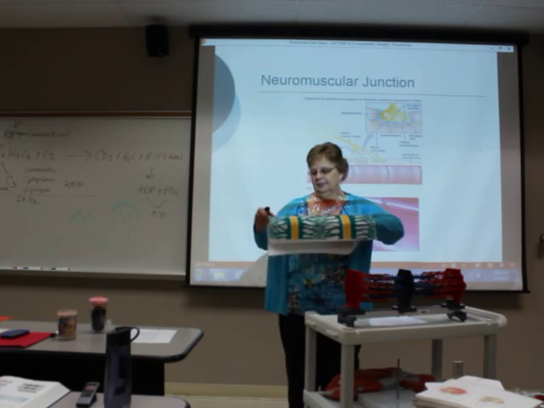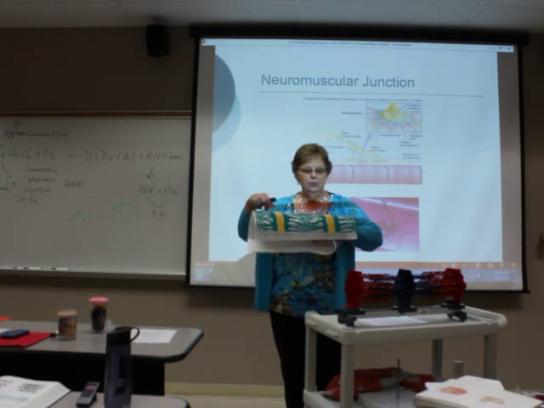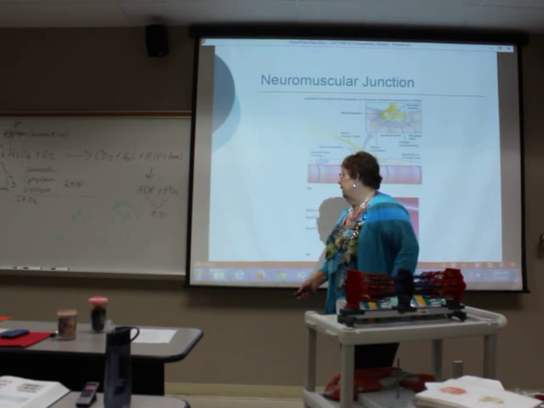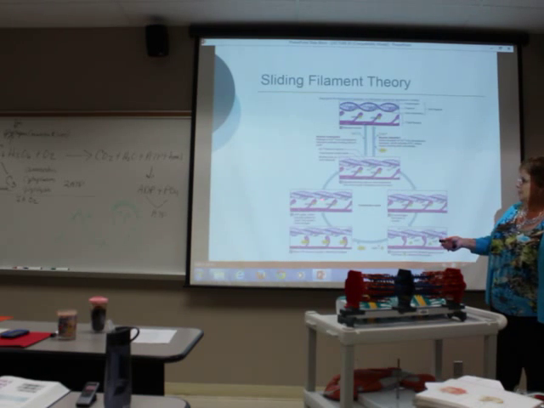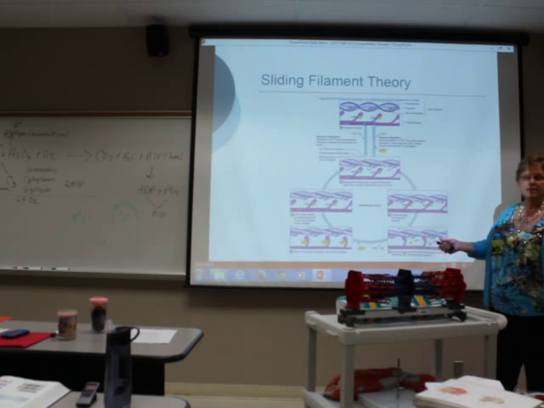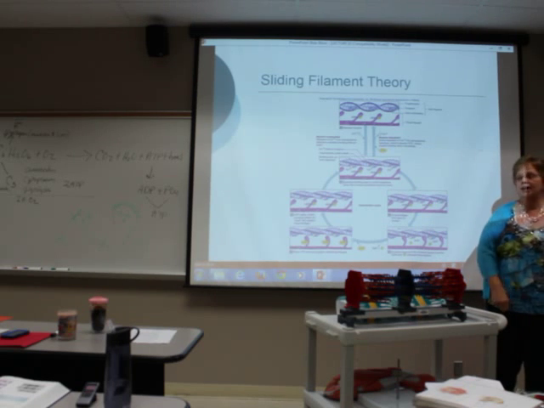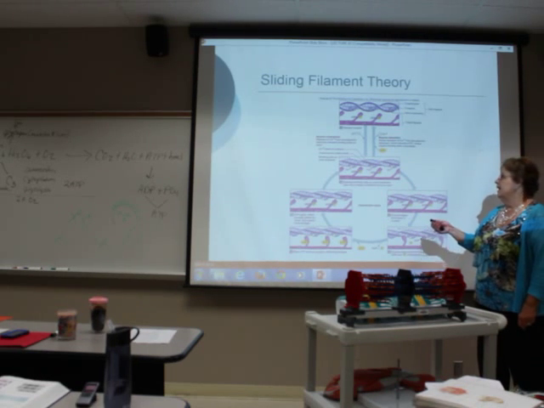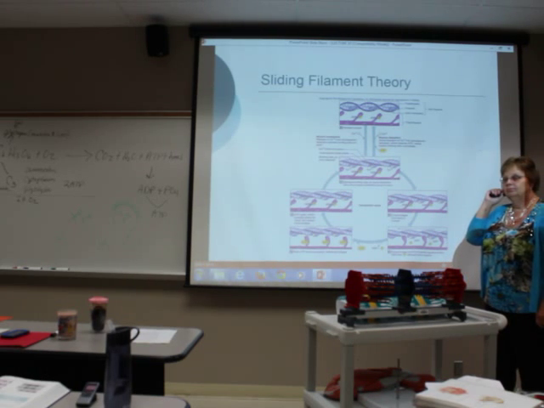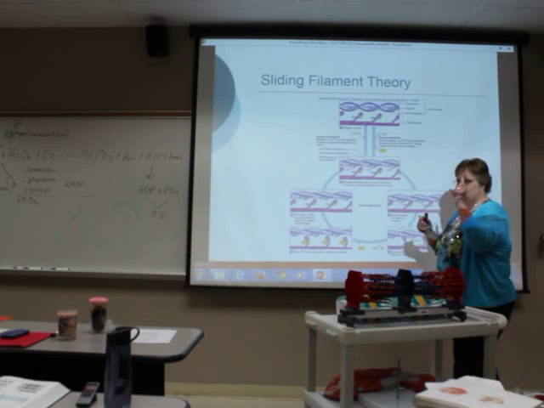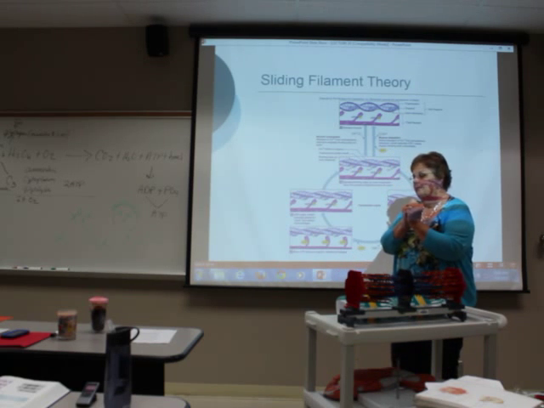And now stored in the cisternae is calcium, that's going to go through the T tubules, and he's going to hook up with who? Troponin C. And troponin C will pull the tropomyosin off of the active sites, and a cross bridge can hook into it. And so how does it work? Cross bridge, link, sliding filament theory. We've contracted.